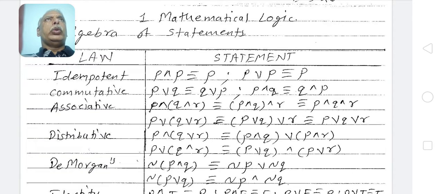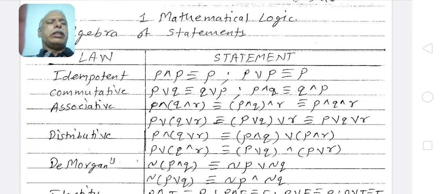That means the 2 gets distributed or associated with the others. Same way here, p and in bracket q and r. Here we consider the group q and r, which is equivalent to p and q in one bracket and r. Here we consider the group p and q. If you change the group, the answer remains the same.